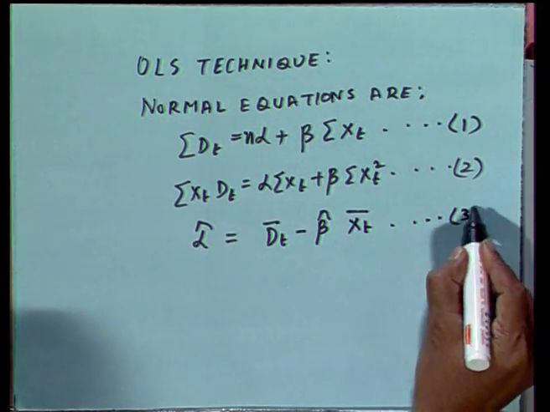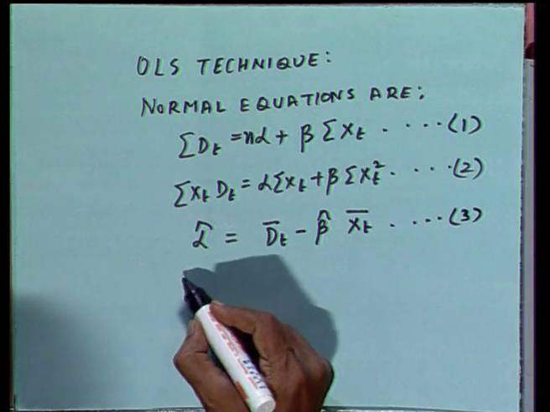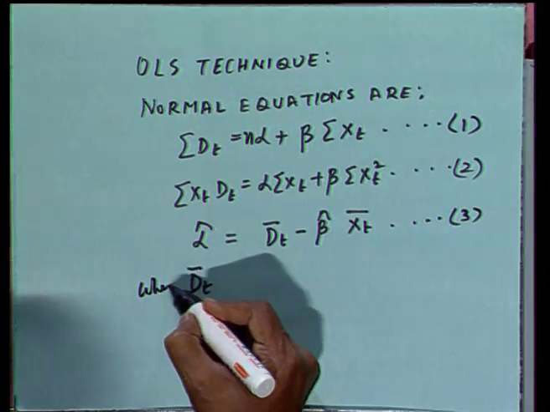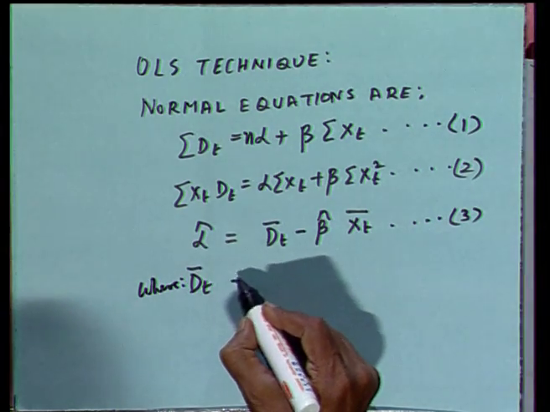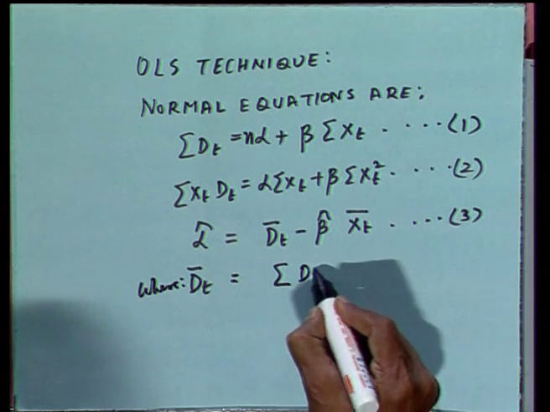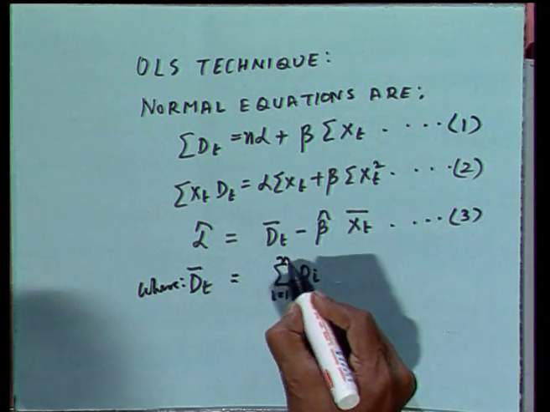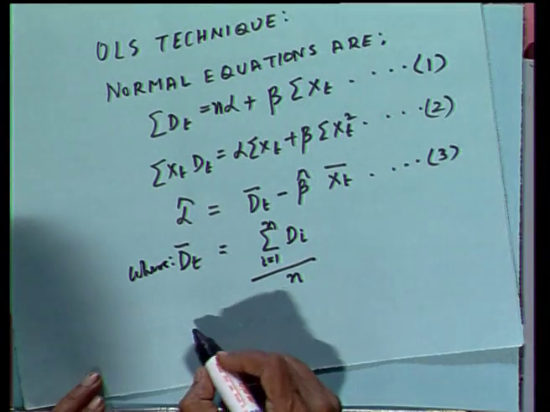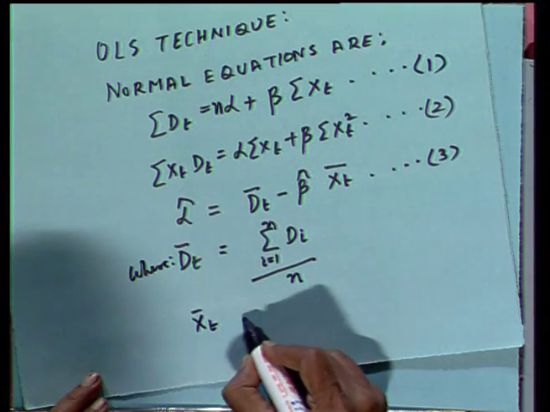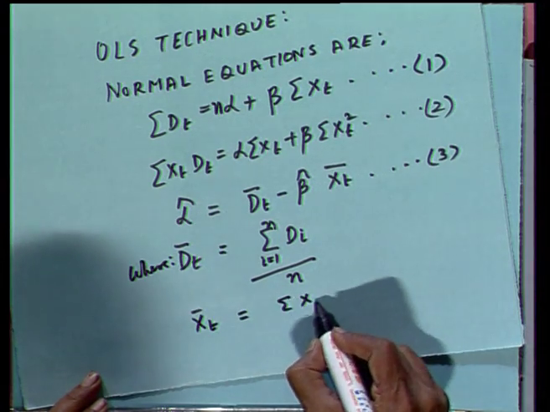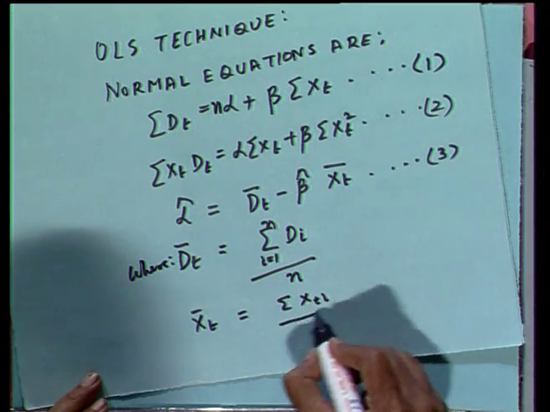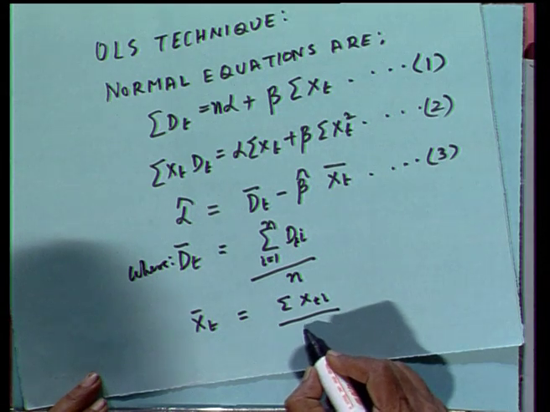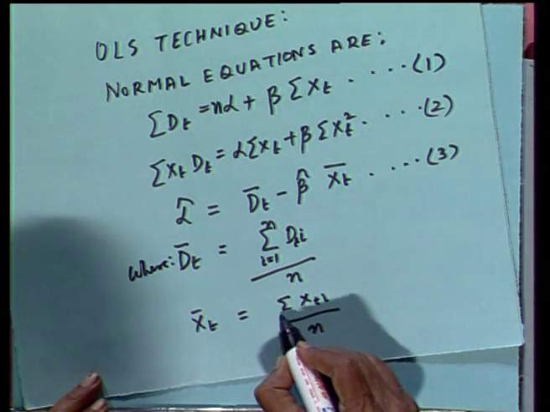So, this I call equation 3. Now, what is dt bar? dt bar is sigma di, i going from 1 to n, divided by n. Similarly, xt bar is sigma xti divided by n, i going from 1 to n.